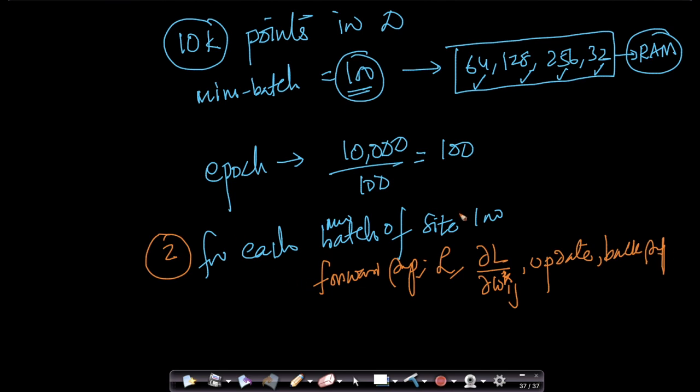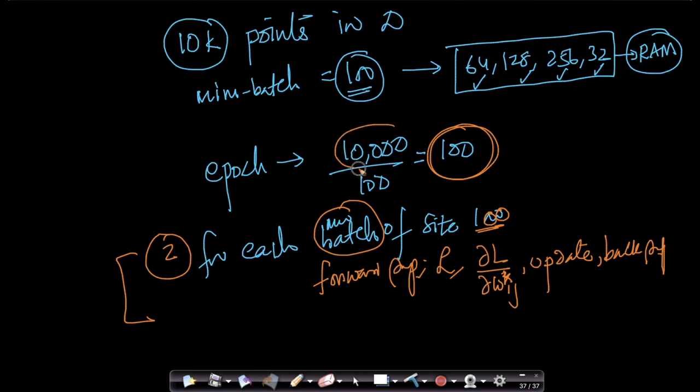Instead of taking one point at a time, I'm taking a mini batch of size 100. Now this whole loop will run only 100 times for me to go through all the 10,000 points, because in each batch I'm sending 100 points.